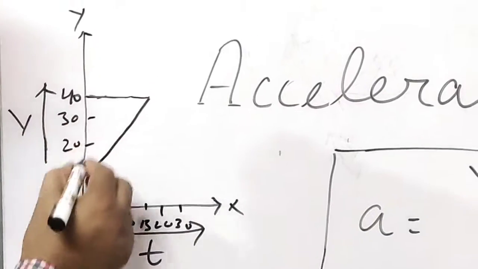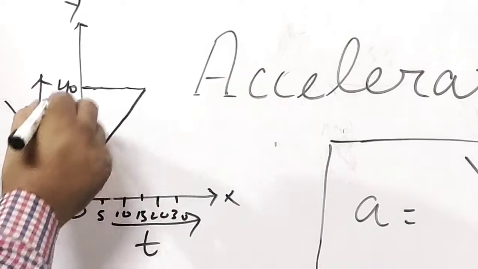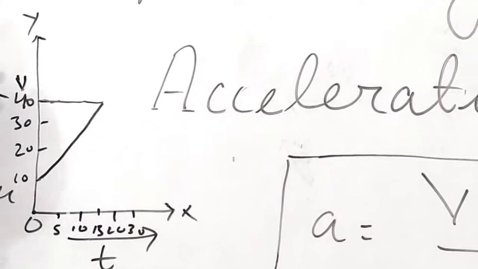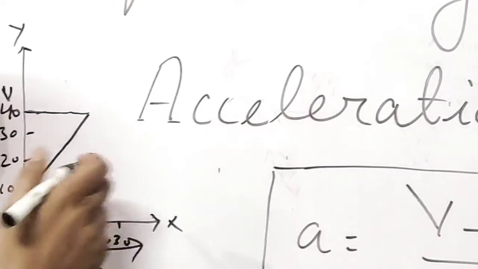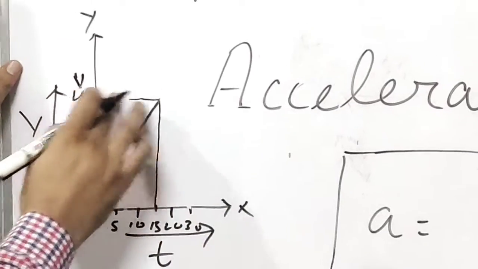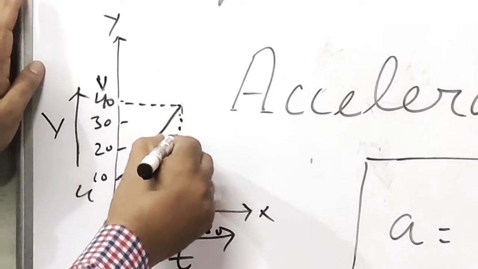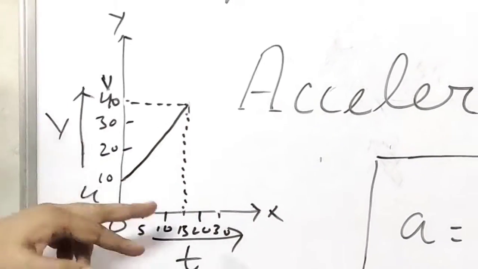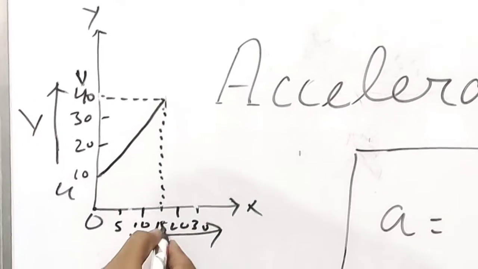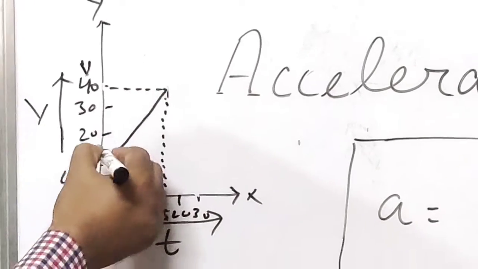So student, 10 is the initial velocity and 40 is the final velocity, that is V, and we get the time here with the help of this line, or we can indicate it with a dot. So 15 seconds is the time taken for the change of velocity.